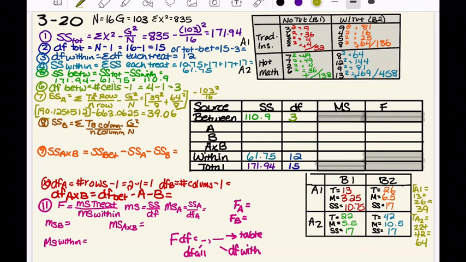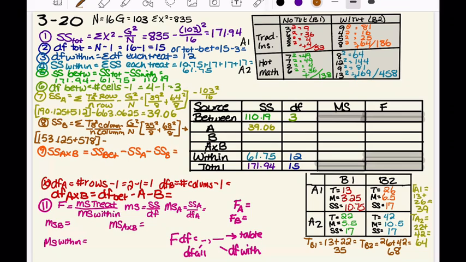And we get a value of 39.06. To calculate the sum of squares for factor B, we'll have to add together the total scores from each column, square them, divide them by the number of participants in each column, add them together, and subtract G squared divided by the total number of participants.